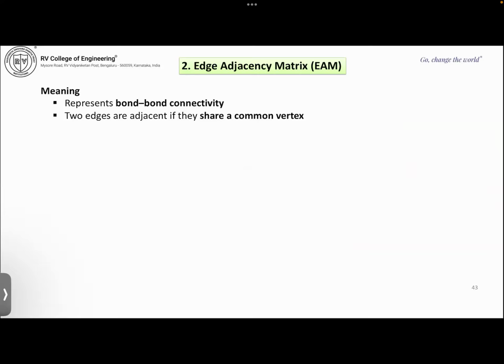The second one is the edge adjacency matrix, EAM. The edge means what? The bond. It shows how the bonds are related to each other, whether they are adjacent or not adjacent. That information is represented by the edge adjacency matrix. It represents the bond-bond connectivity.